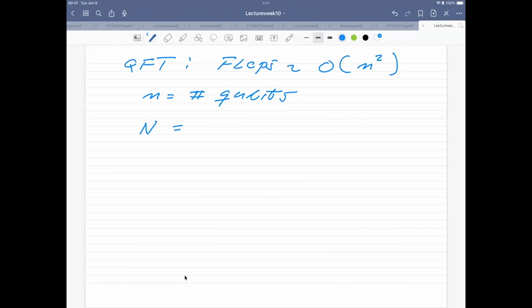So if you have 2 qubits, this corresponds to 00, 01, 10, and 11. But this is given by 2 to the power of n. Okay? So this is a dramatic reduction of the number of floating point operations.